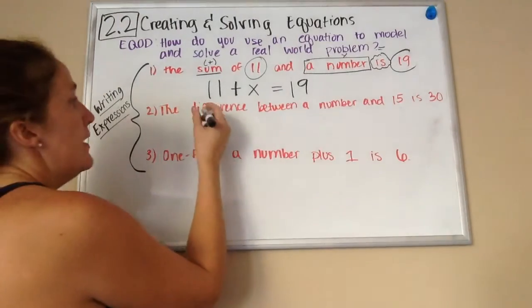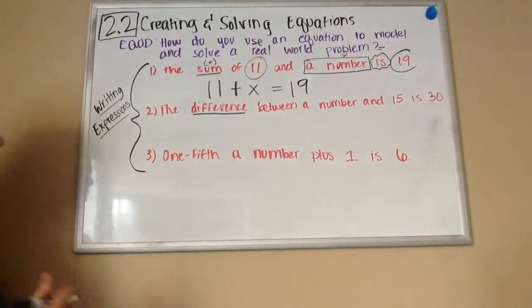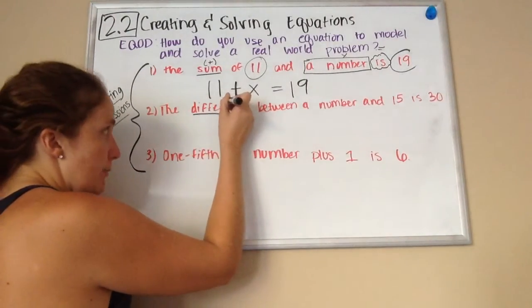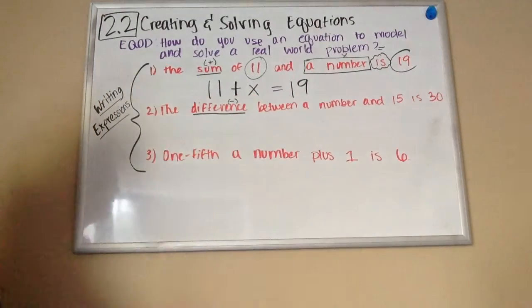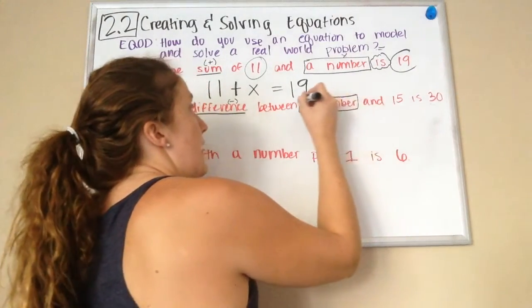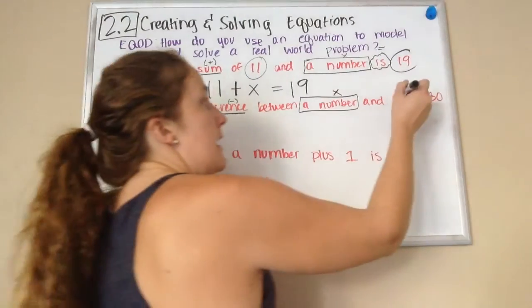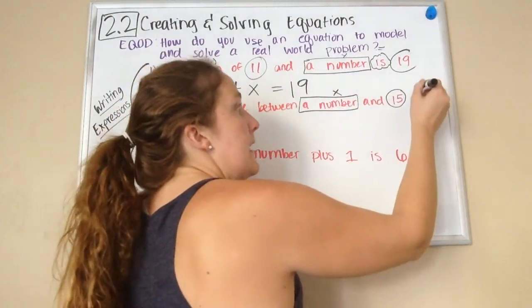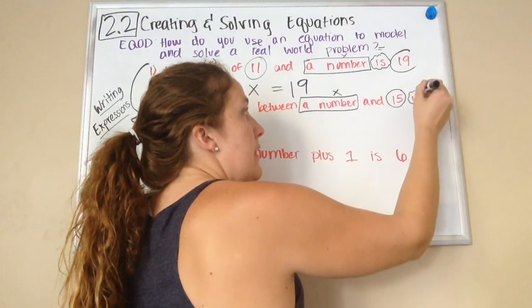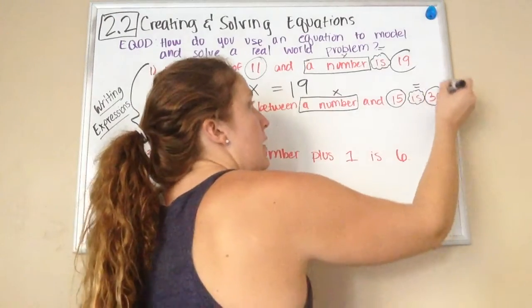Number 2: the difference. If we look back in our chart from 2.1, this is subtraction. The difference between a number, we don't know what that number is, so that's x, and 15 is, and "is" is always going to be our equal sign, 30.